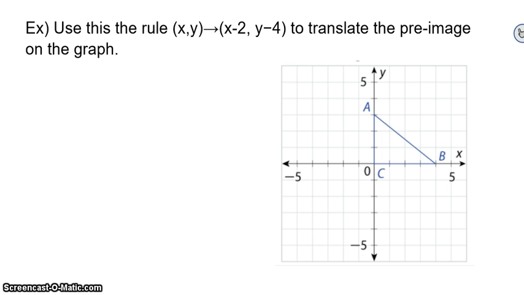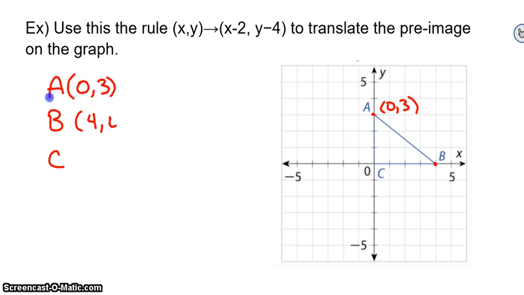The first thing that we need to do is determine the location of the 3 points A, B, and C. The location of A, if you look at the graph, is the point (0, 3). The point B is at the location (4, 0). And C is at the origin, (0, 0).